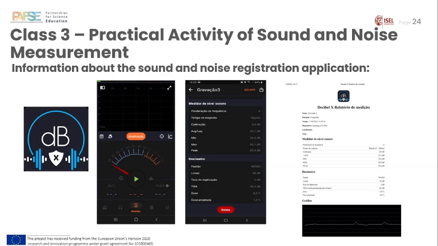We can see the main default of the desktop of the Decibel X application in the second image.